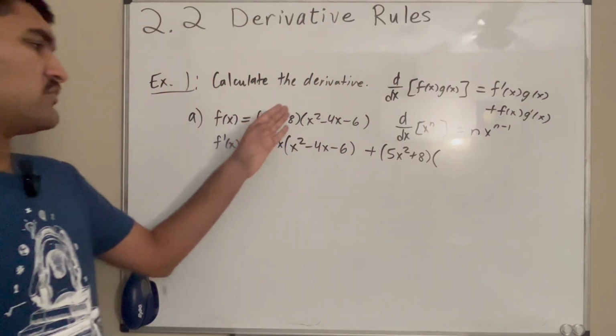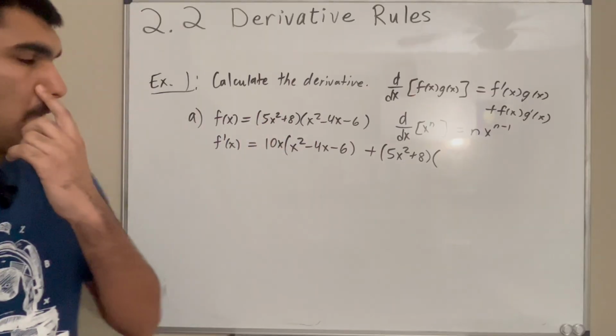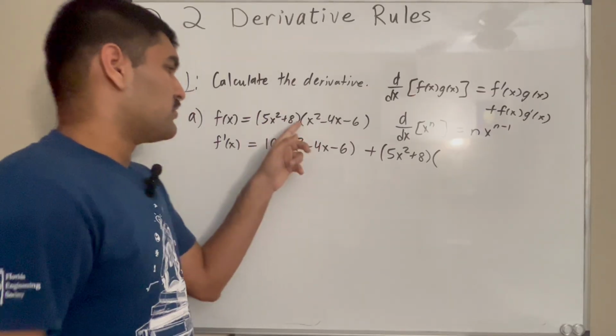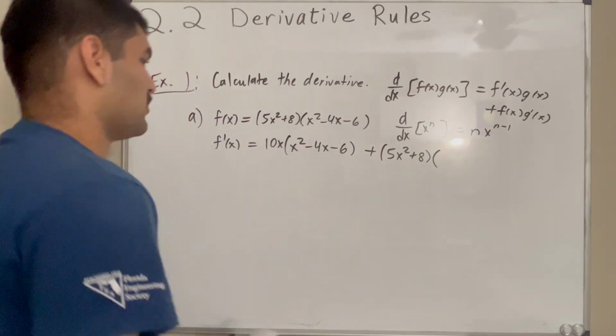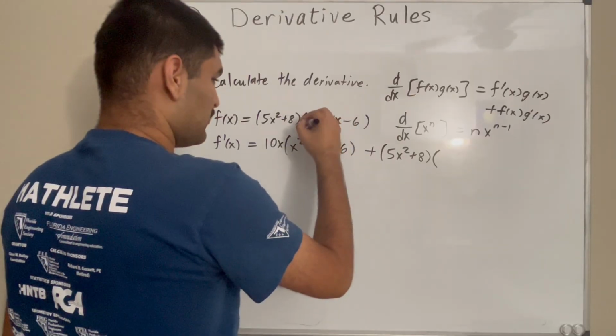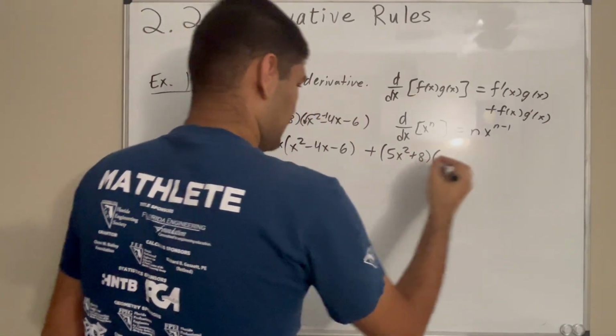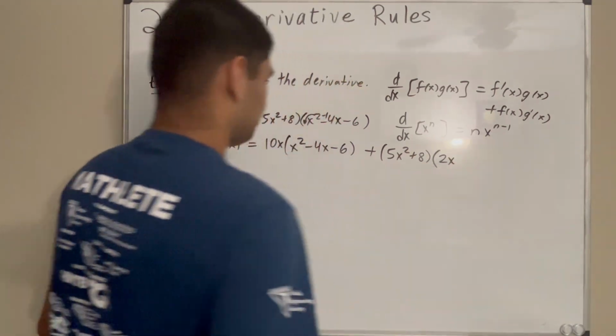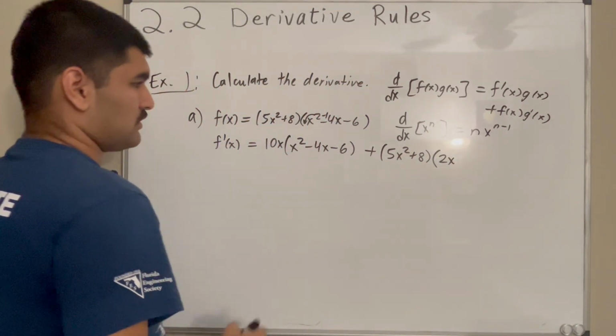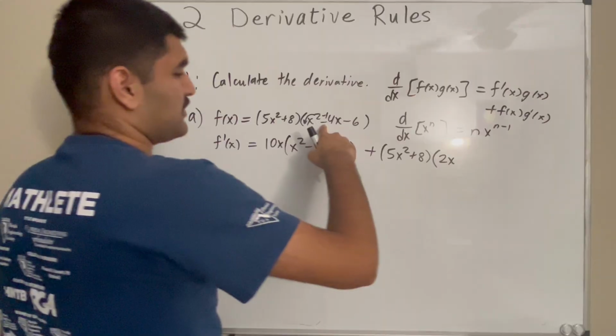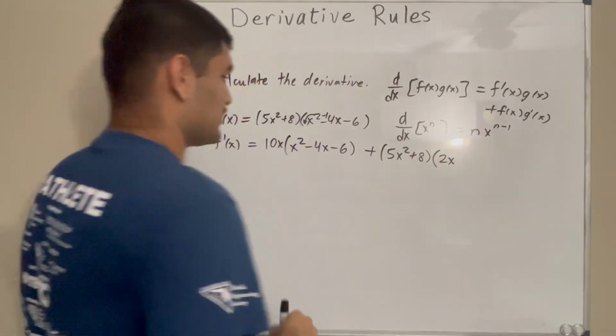So again, we can just differentiate each term one at a time. So the derivative of x squared by the power rule: you bring down the 2 and then you minus 1. So you get 2x, right? And then next we have the derivative of negative 4x.